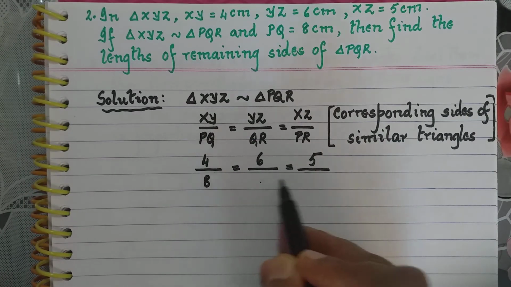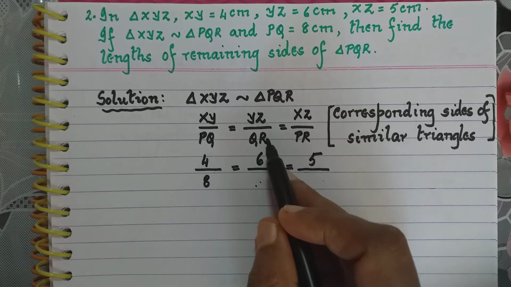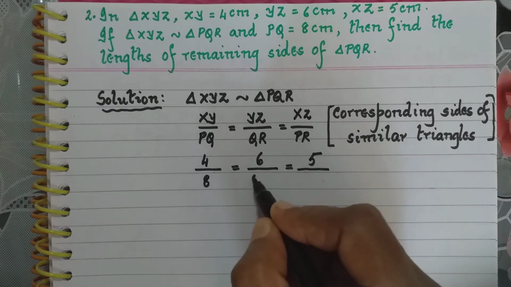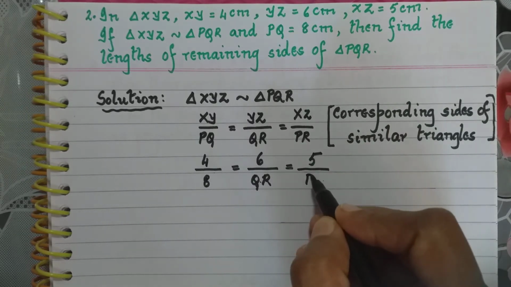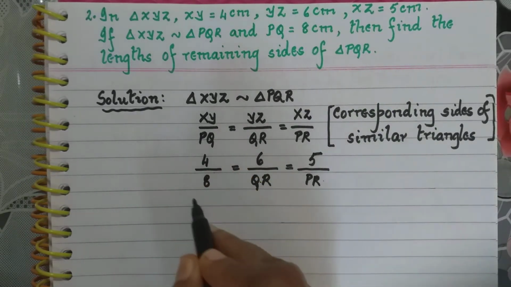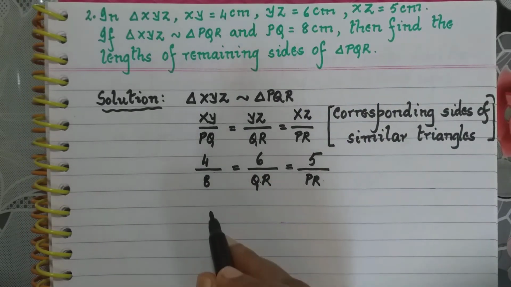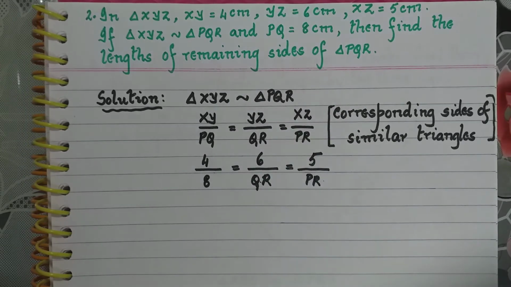Any other lengths given? No. So we have to find these two lengths. We don't know what they are, so QR will be written as it is, and PR will be written as it is. Now we take these two, that is 4 upon 8 equal to 6 upon QR.